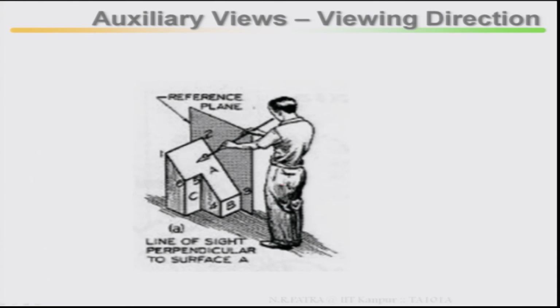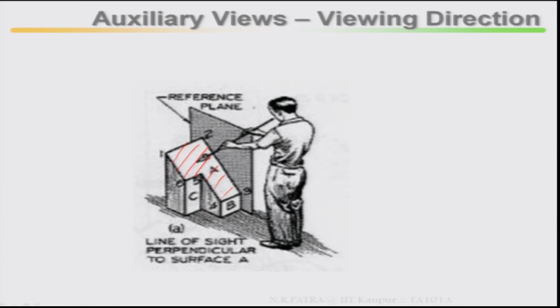Then auxiliary views, viewing directions: which direction are you supposed to see? Look here at the 3D picture, line of sight perpendicular to surface A. If I am looking with line of sight perpendicular to surface A, this can be called auxiliary. So this is your auxiliary plane, with line of sight perpendicular to surface A. This is the surface, and it is perpendicular to this.